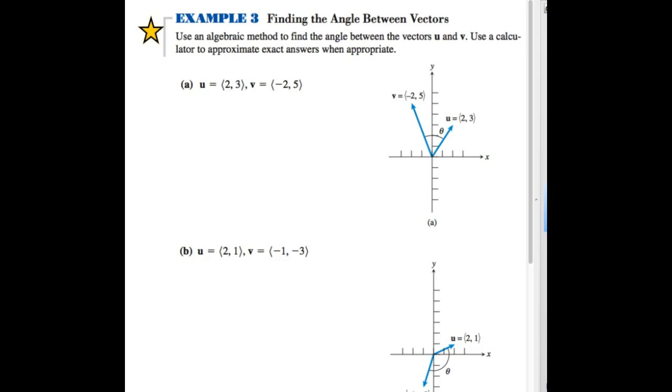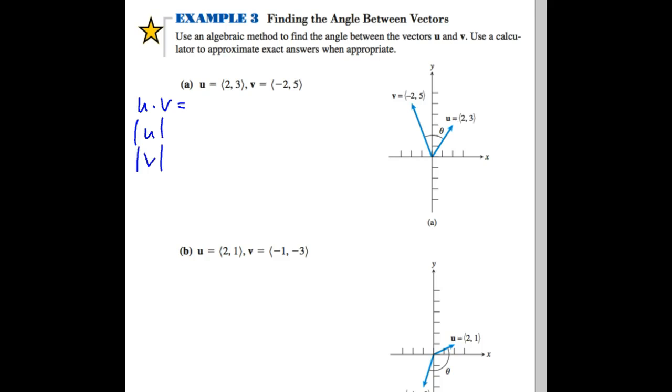The three things that we have to know for our formula: we need the dot product, that's the numerator part, and then we need the magnitudes of each of them. So let's calculate the dot product first.